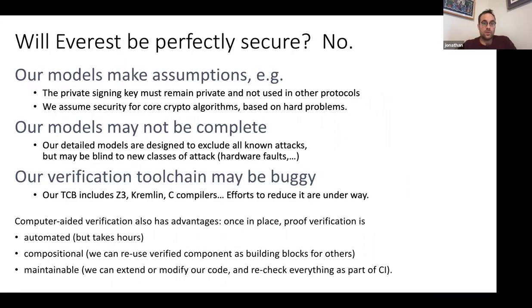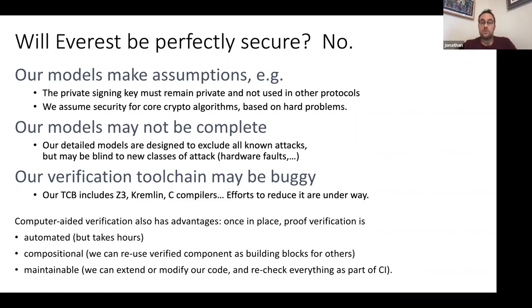So it's important to understand that there are limitations. There are assumptions such as the outer application that uses our code will not destroy the private key or will not do anything crazy with it. There are some assumptions, of course, such as that the discrete logarithm in a finite field is hard, and that's an assumption that we take for granted. We also work with a very simple setting. Our models are not as precise as would be required to model Spectre, for instance.